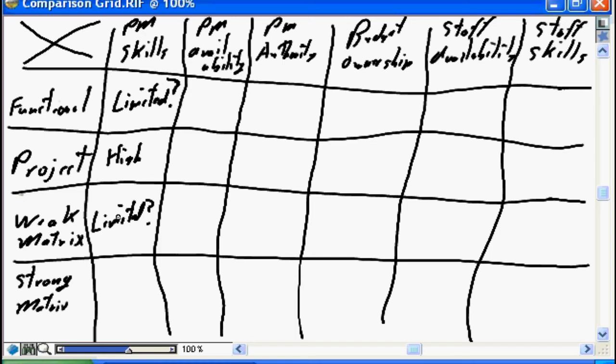The prime responsibility is functional line management, not project management. Where in the strong matrix, we have that dedicated staff project manager, so the assumption is they will have high project management skill sets. In terms of PM availability, in the functional, it's part-time.